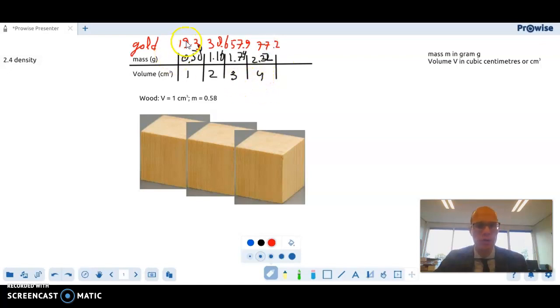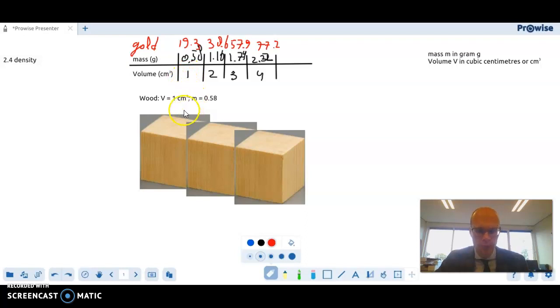And then if we divide both numbers, the number on the top with the number on the bottom, we each and every time get the same number, but it's different than the one of wood. So we can recognize that number as belonging to gold or wood. So that's a property because you can recognize a substance from a property.